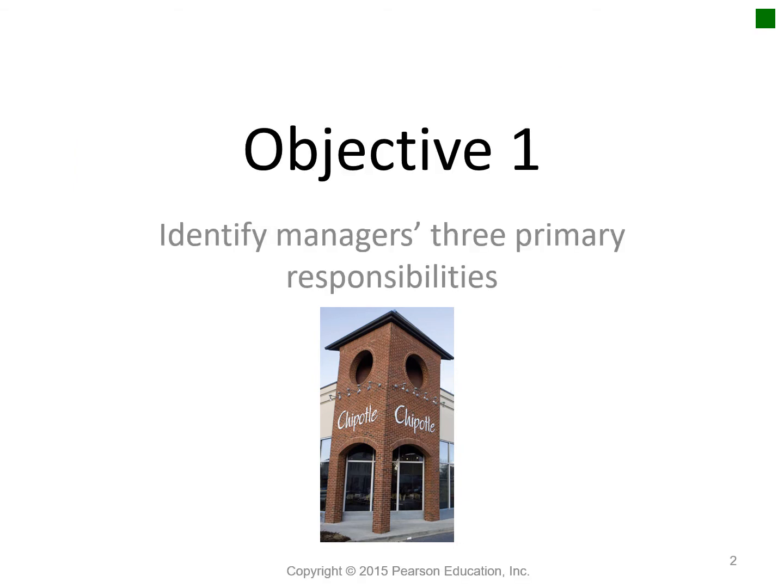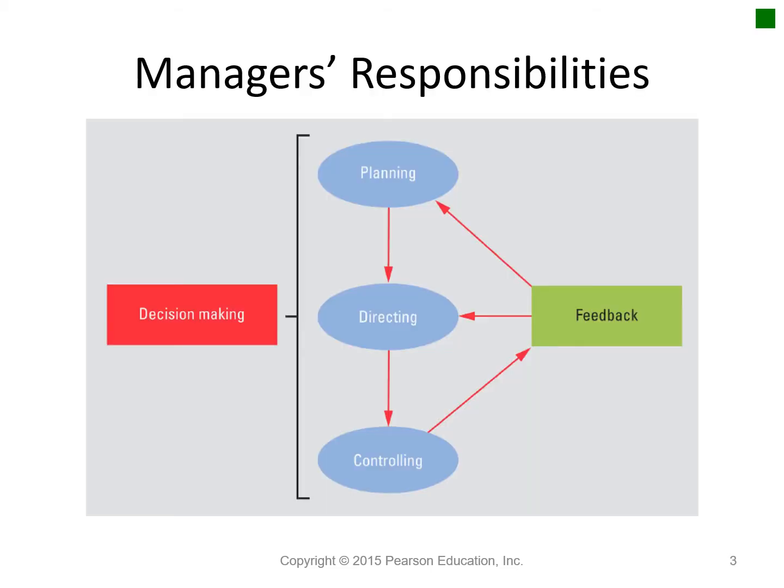Okay, so our first objective is we're going to talk about what they call the three primary responsibilities of managers in business, and that's going to be on the next slide. And again, you're going to find that in this class, there's a lot of information that's going to be used to make decisions. The three primary responsibilities, they've grouped them into three categories, are number one, planning, number two, directing, and then number three, controlling.